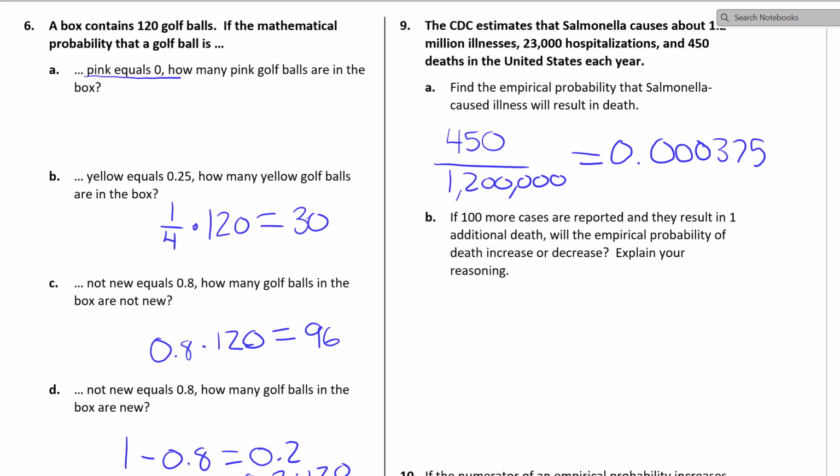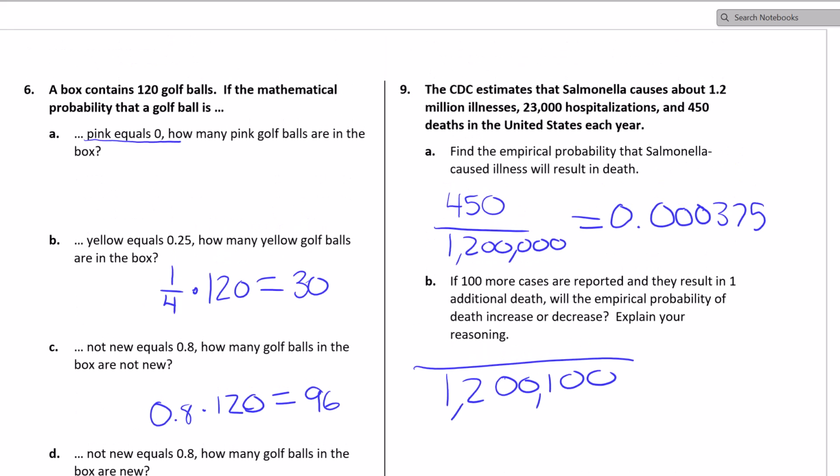If we have 100 more cases, well, then that would be 1,200 cases total, and they result in one additional death. Oh, man, one additional death. Now what? How am I going to find this out? Yes. Good.